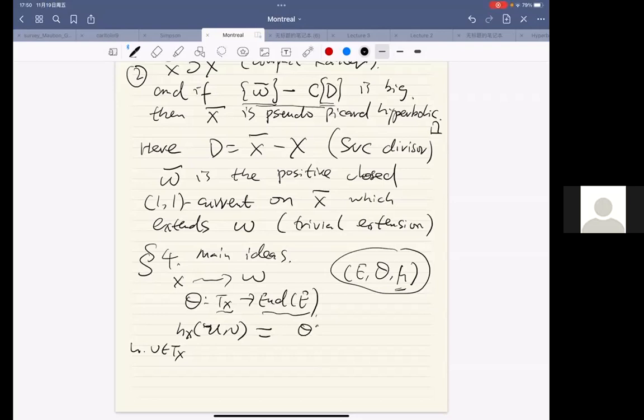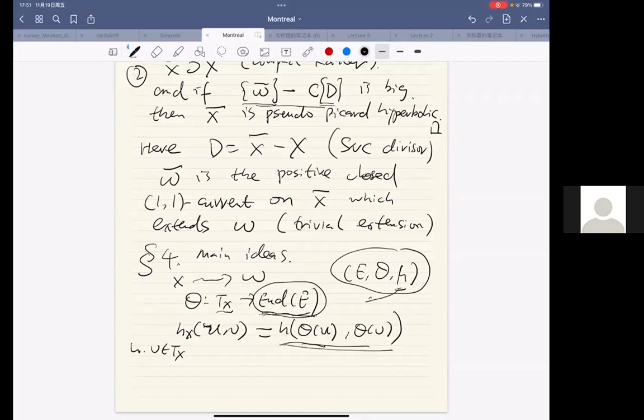You use theta to map U and V, because theta U and theta V will be sections of the endomorphism bundle of E. I assume theta is injective. Then I use the harmonic metric to do the evaluation to define this.